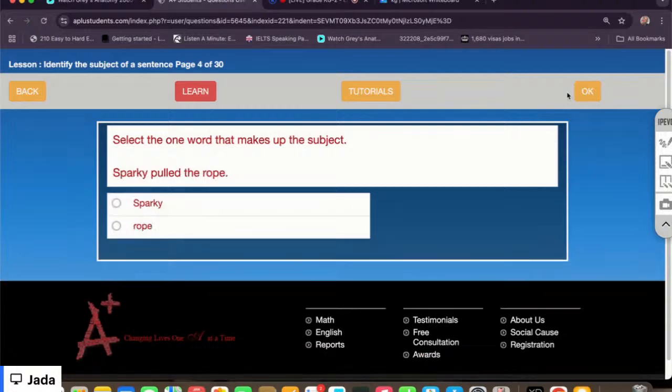So we have: Sparkle pulled the rope. What will be the subject here? We just need one subject.